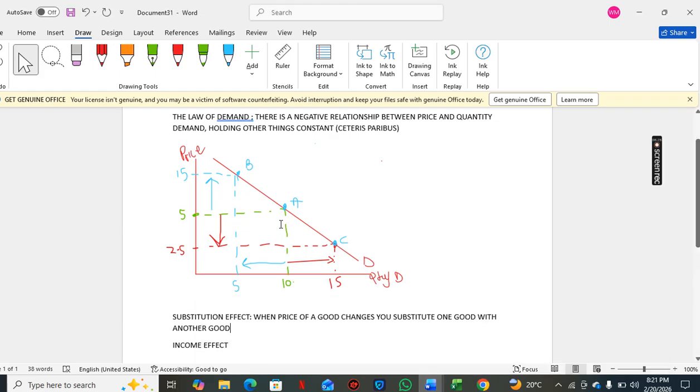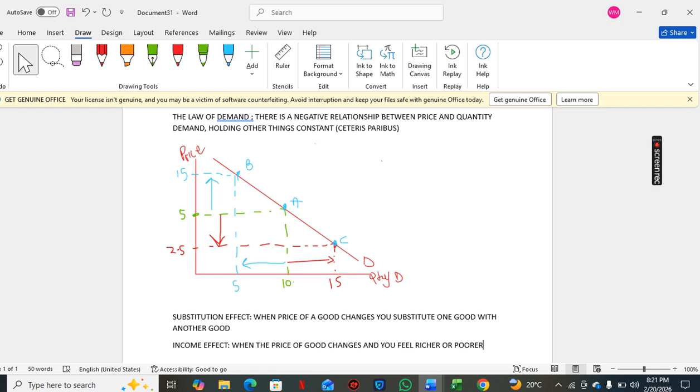So as we saw in this illustration here, when the price becomes 2.5 kwacha, you feel richer now and you can buy more of the good. Okay. If the price increases to 15 kwacha, you feel poorer. So when the price of a good changes and you feel richer or wealthier or poorer.